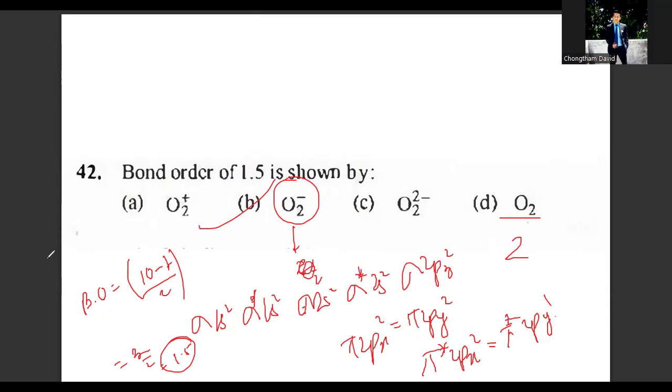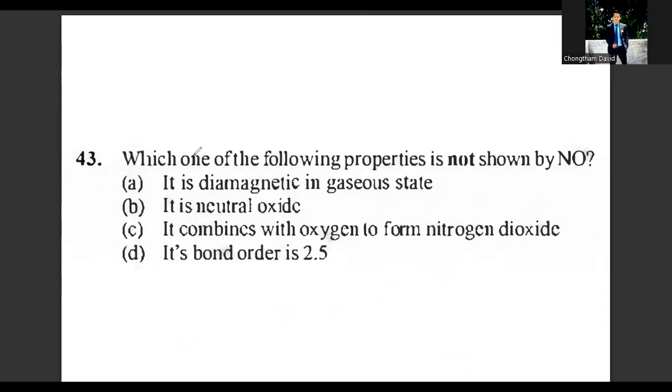That's it. Question number 43. Which of the following properties are not shown by nitric oxide? Nitric oxide is paramagnetic in the gaseous state because of the presence of one unpaired electron in the outermost shell. The electronic configuration of nitric oxide would be sigma 1s2, sigma star 1s2, sigma 2s2, sigma star 2s2, sigma 2pz2, pi 2px2 equals pi 2py2, pi star 2px1.